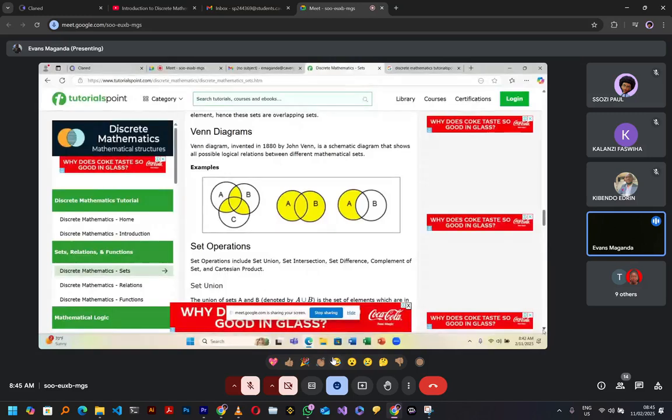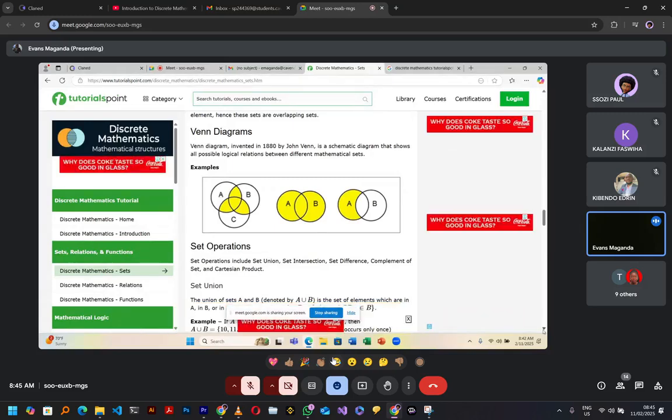Then, in that Faculty of Science and Technology, you now start breaking down the universe. The universe is students of Faculty of Science and Technology. However, which categories of students in Faculty of Science and Technology exist? Then you go to BIT, you go to Software Engineering, you go to PCS.